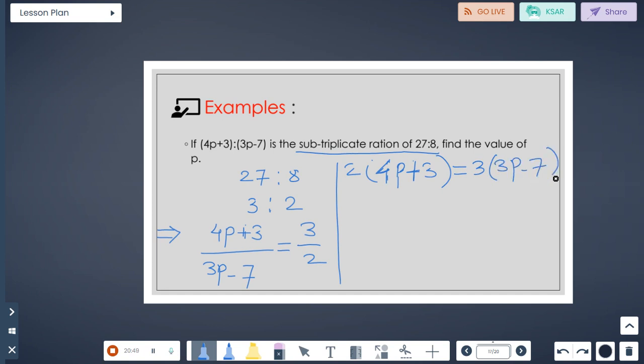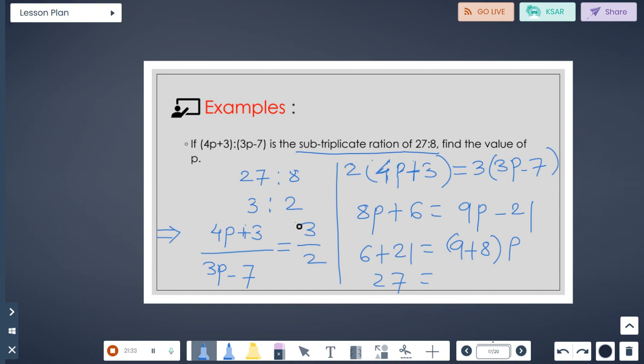After multiplying, we get 8p plus 6 is equal to 9p minus 21.